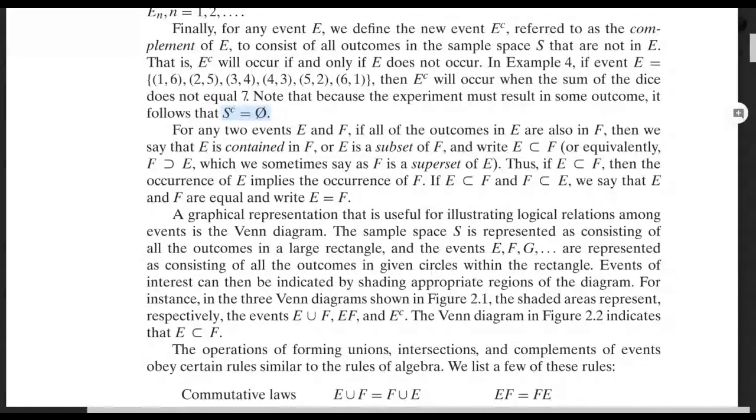So the complement of the sample space is the empty set. That's interesting anyway, because this is not a mathematical idea. Mathematically, the empty set is a subset of S, so I'm doubting this one. Okay, don't write this one. But the two things are true: E union E complement is the sample space, and E intersect E complement is the empty set.